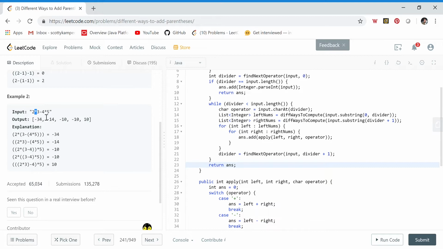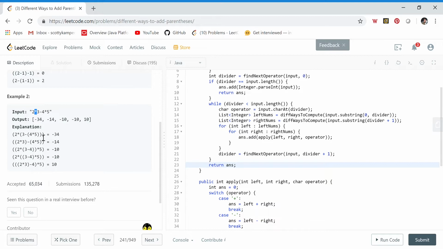So it'll have negative 17 in it. And if we group 3 and minus 4 together, that gives us minus 1 times 5, which is minus 5. So it'll have negative 17 and negative 5. Then it goes through each number in left, which is just 2, and each number in right, which is negative 17 and negative 5, and applies the divider, which is this multiplication symbol, the operator that divides those two substrings.